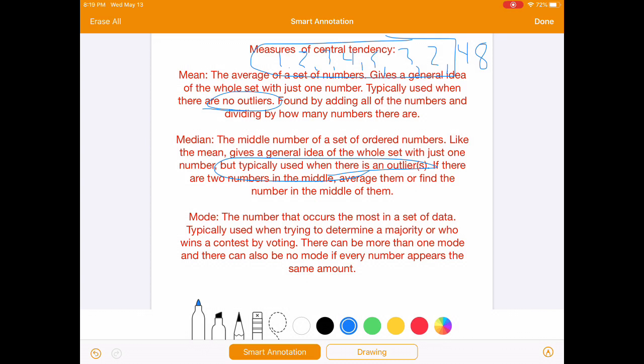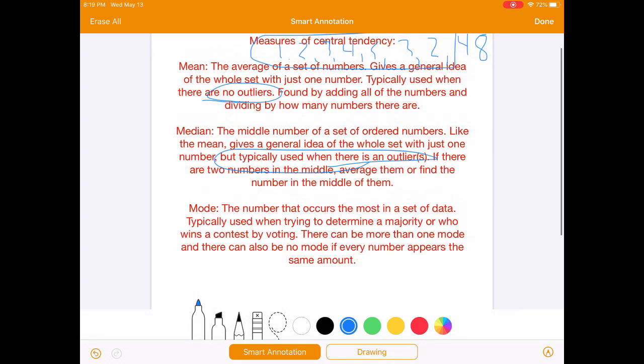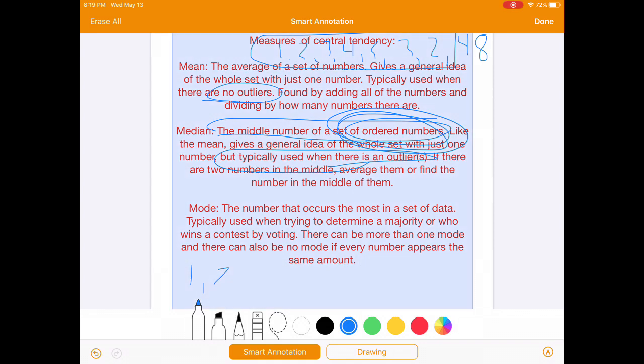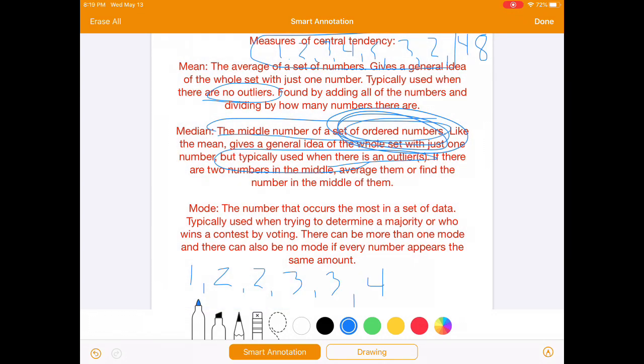In fact, let's find the median real quick. The one thing we have to mention about the median is, remember, it's the middle number of a set of ordered numbers. So we have to make sure that the numbers are put in order. So I have 1, then two 2s, then two 3s, a 4, a 5, and a 48.